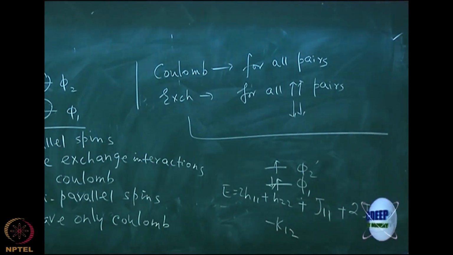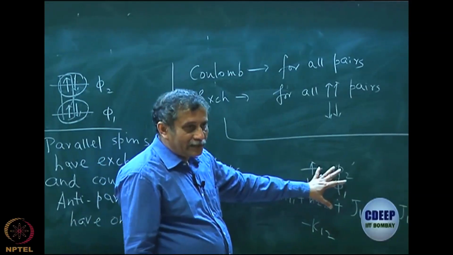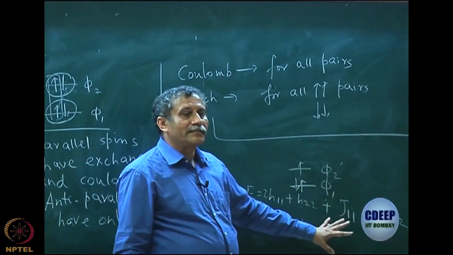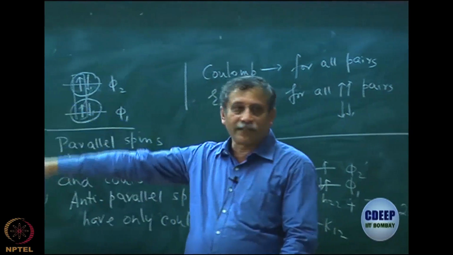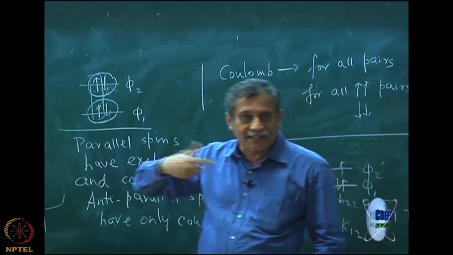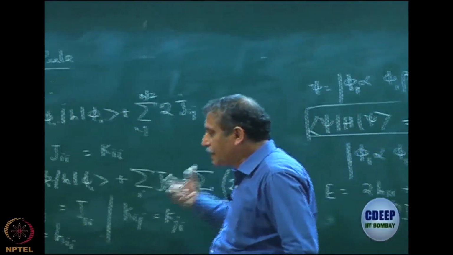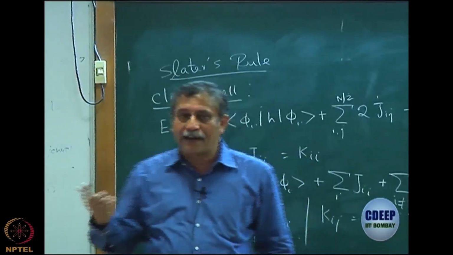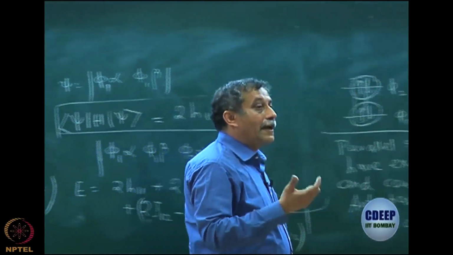Actually, once you understand this rule, simply by inspection of the determinant, you should be able to write the energy. That is what I am teaching you. You don't have to go through the spin integration. I did the spin integration for closed shell, and then I just declare that the result that I get in terms of the Coulomb and exchange for parallel and anti-parallel spin is a general result that you get for every determinant.